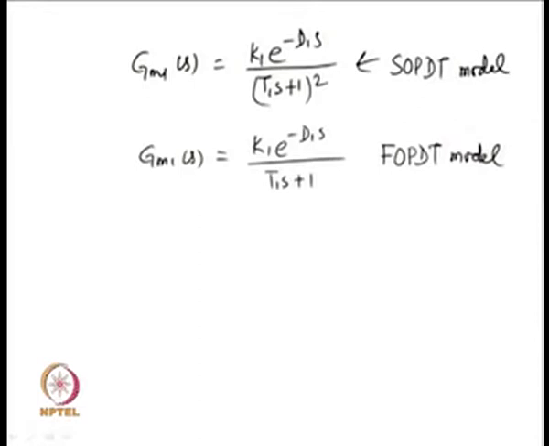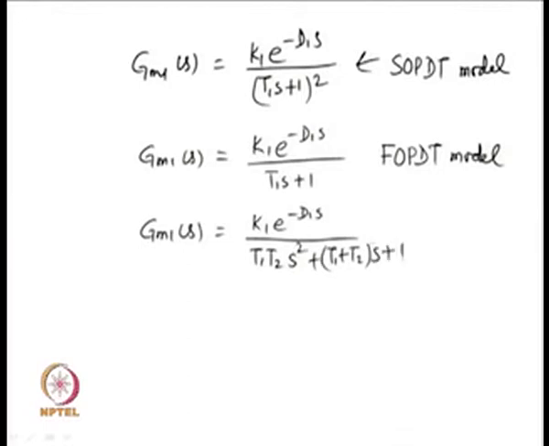Okay. Now, can we take any other sort of models? G_M1(s) is equal to, say, K1 e^(-D1 s) / (T1 T2 s^2 + (T1 + T2) s + 1).